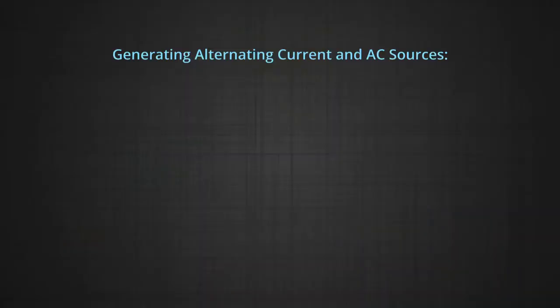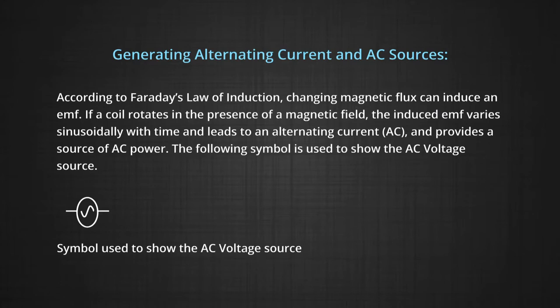Now, we can discuss generating alternating current and AC sources. According to Faraday's law of induction, changing magnetic flux can induce an EMF. If a coil rotates in the presence of a magnetic field, the induced EMF varies sinusoidally with time and it leads to an alternating current. It provides a source of AC power.